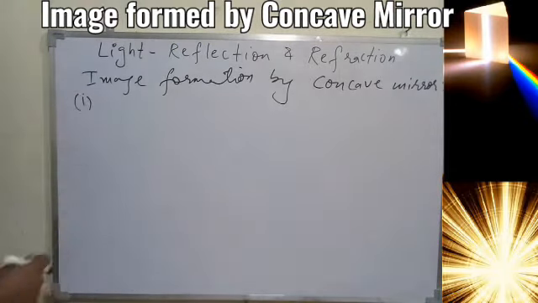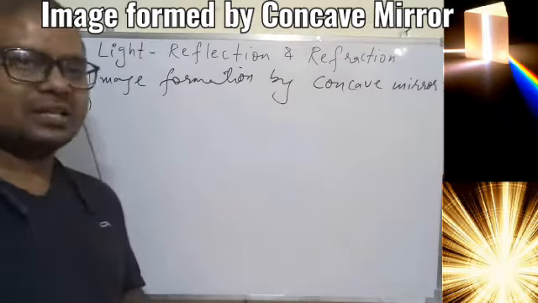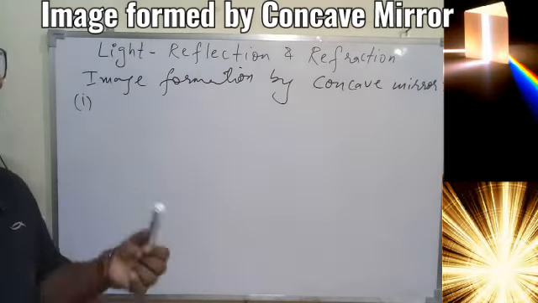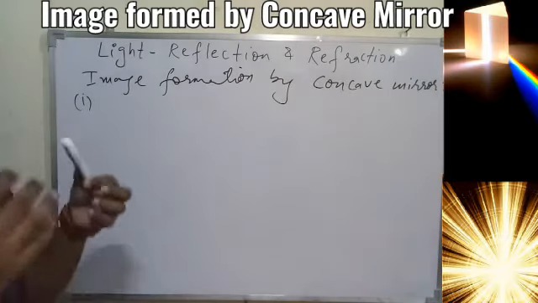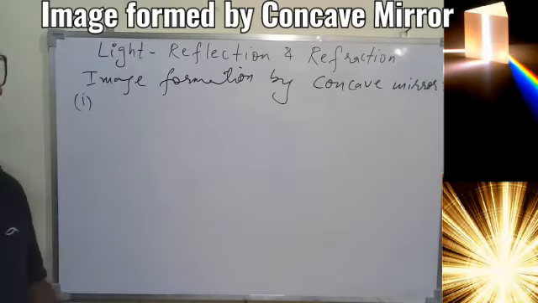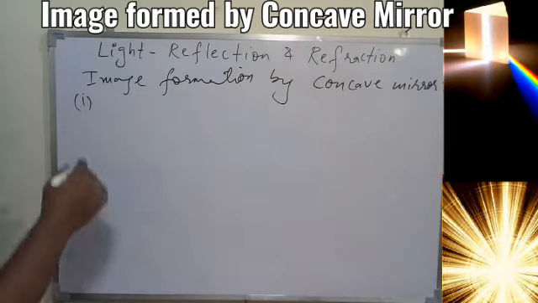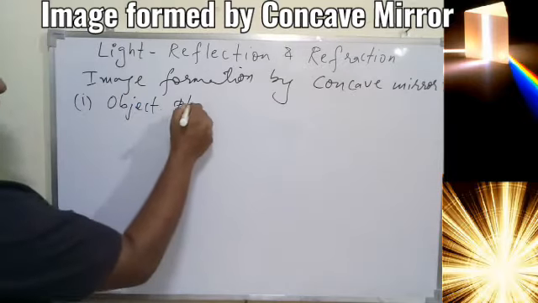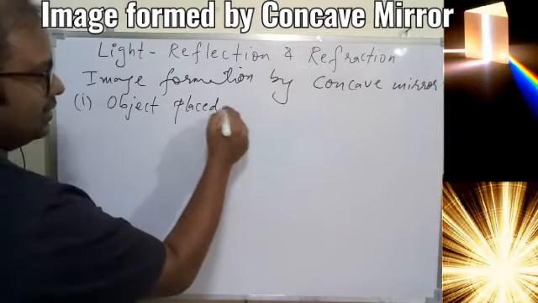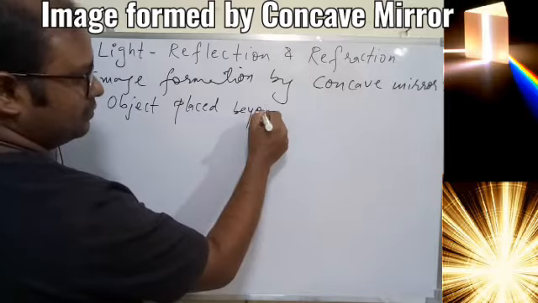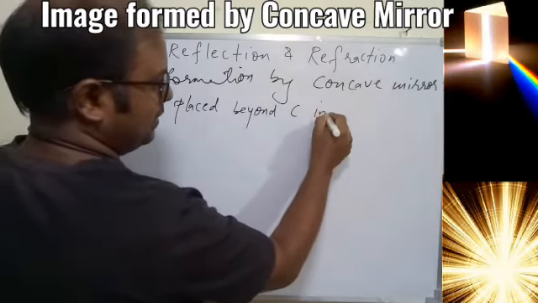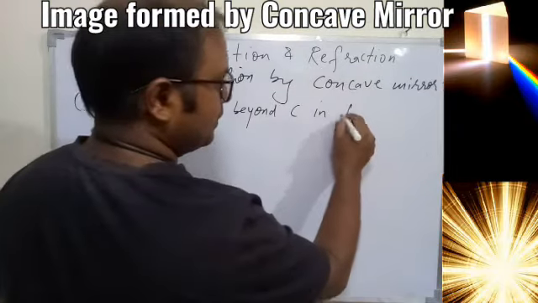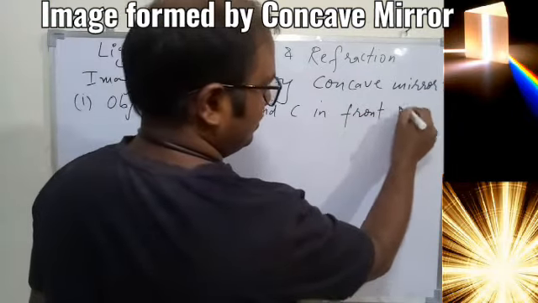So what is to be done? Very first we'll take the different cases, that is, let the object be placed at a position in front of the concave mirror, then we'll complete the diagram and see the different characteristics of the image in that particular situation. So very first, an object placed beyond C in front of the mirror.